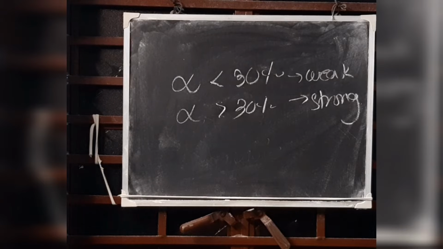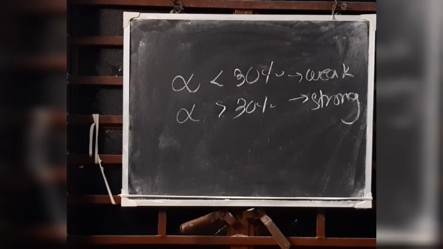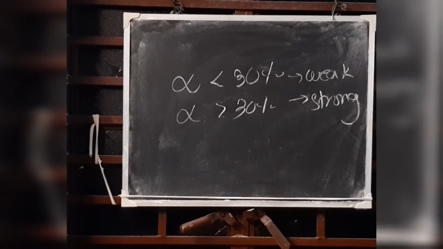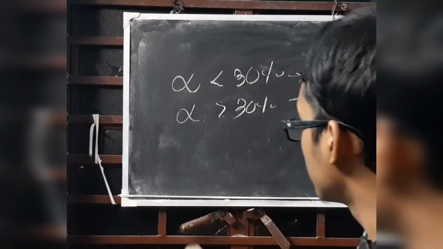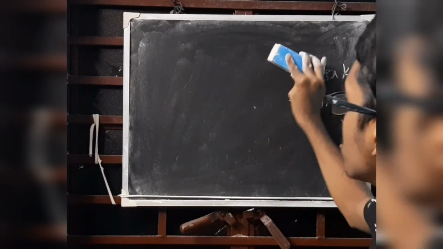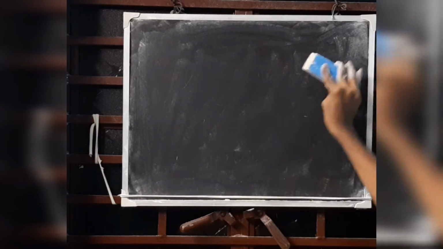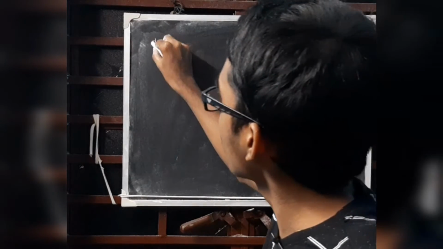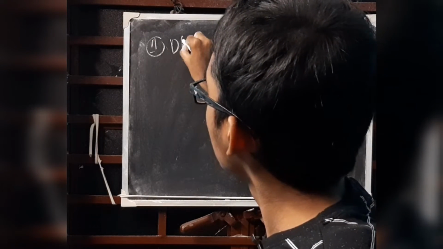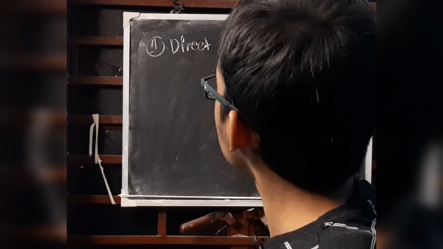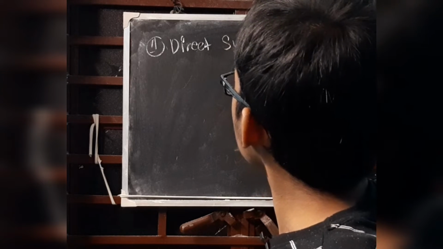Now let us move on to the preparation of acids. How exactly can you prepare acids? Common sense says we can just take 2 elements and combine them. Yes, we can do that. The first method is direct synthesis, also called direct combination.